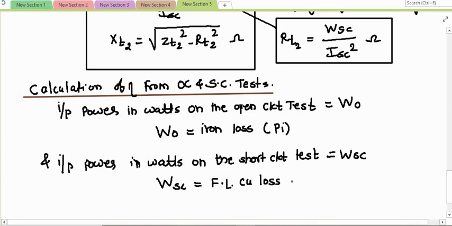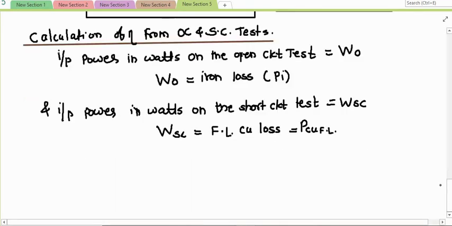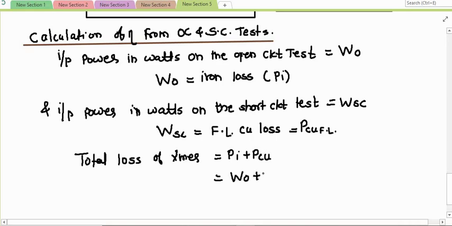Full load copper loss, which is called PCU full load. Right? So then what is the total loss of the transformer? Total loss of transformer we will get equal to PI plus PCU. So it will be W0 plus WSC.